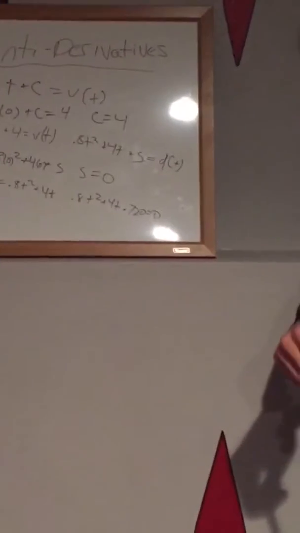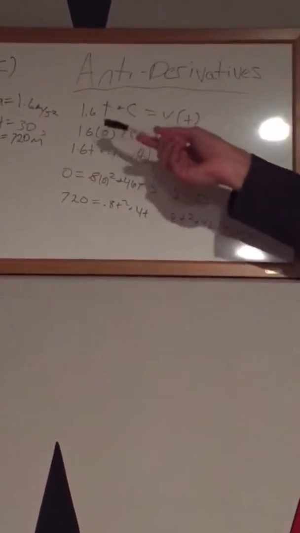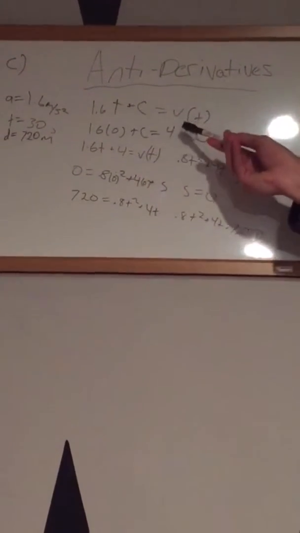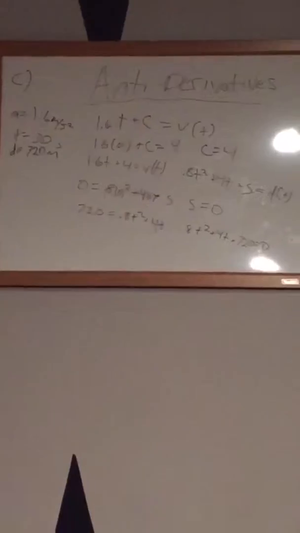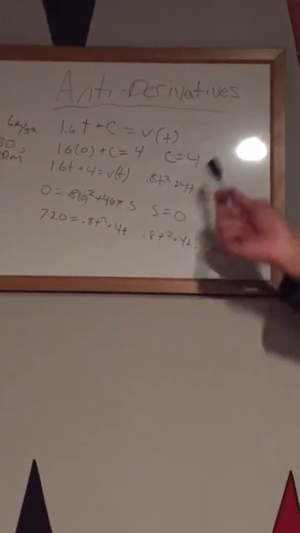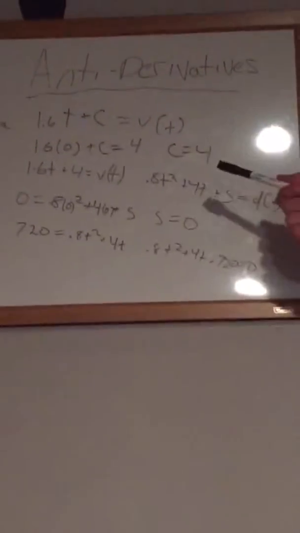Now that you have an initial velocity, you go through the same steps, but instead of 0, you have 4. To solve for c, you get 1.6 times 0 plus c equals 4, so c equals 4 for the velocity equation.